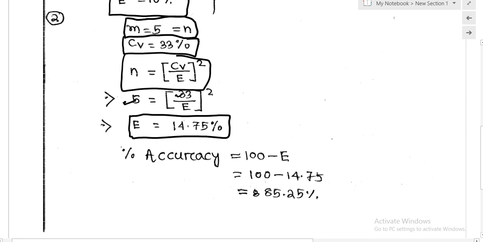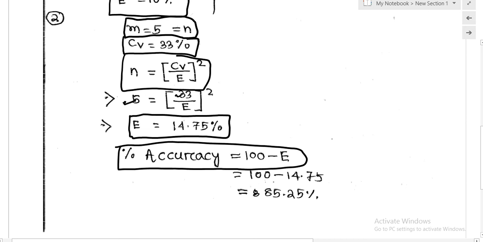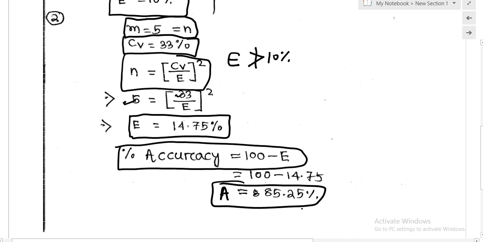The percentage of accuracy is 100 minus E, and that comes out to be 85.25%. Remember, this admissible or allowable error should not be more than 10%.